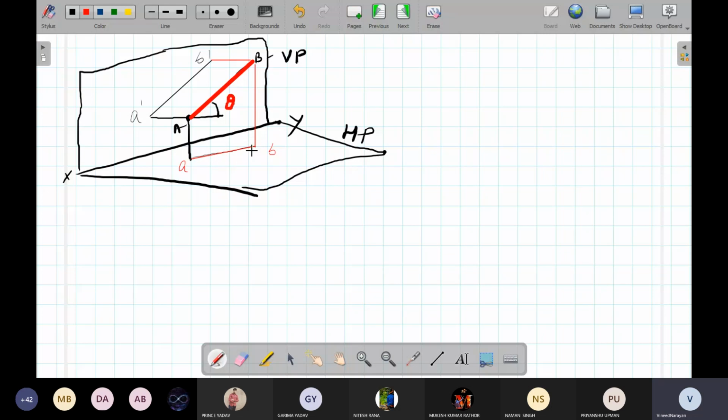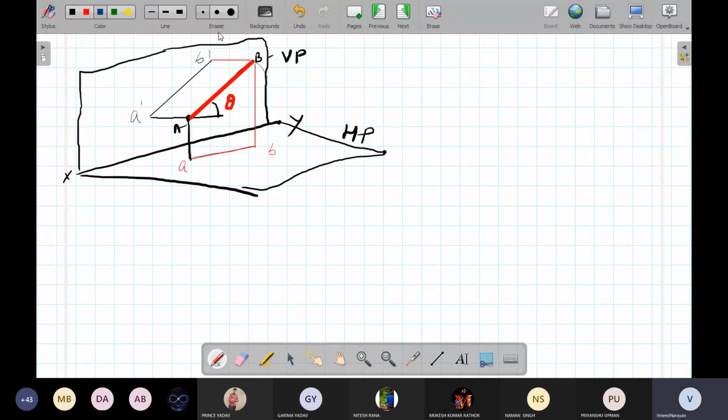Now if you want to get a true line on the horizontal plane, one thing we can do is rotate the plane, but in this course we will rotate only the line. So what we can do is rotate this line, not 90°, till it becomes parallel. I will use blue color for that rotation.